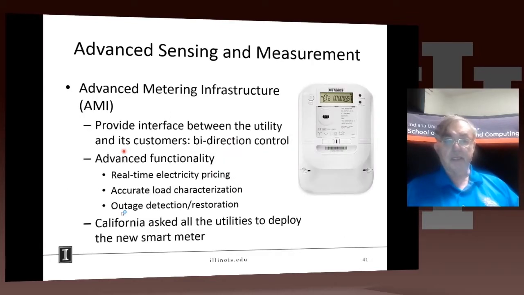Here's the type of devices you have. It's an advanced metering infrastructure. It allows real-time electrical pricing, accurate load characterization, and outage detection. This is a smart meter, which California, for example, asked its utilities to deploy.